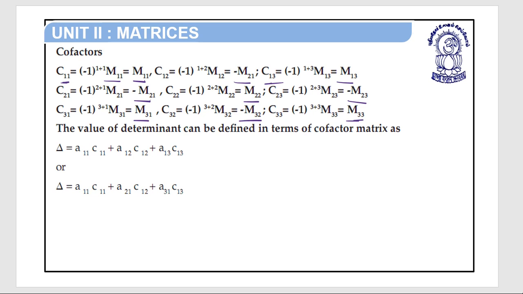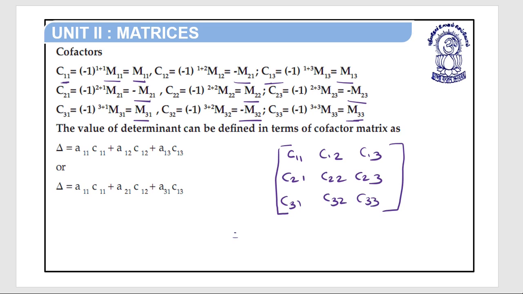So you can write C11, C12, C13, C21, C22, C23, C31, C32, C33 in this form. C11: 1 plus 1 is 2, so M11.